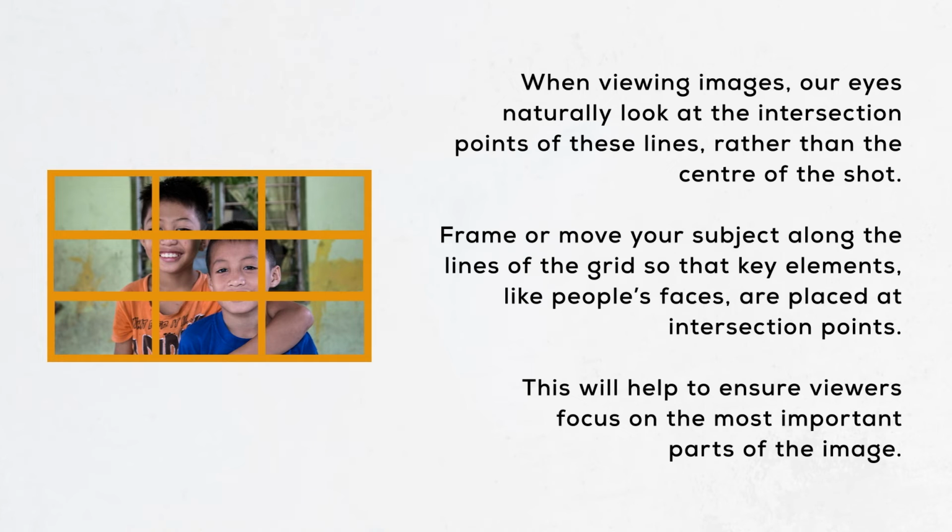When viewing images, our eyes naturally look at the intersection points of these lines rather than the center of the shot. Frame or move your subject along the lines of the grid so that key elements like people's faces are placed at intersection points. This will help to ensure viewers focus on the most important parts of the image.